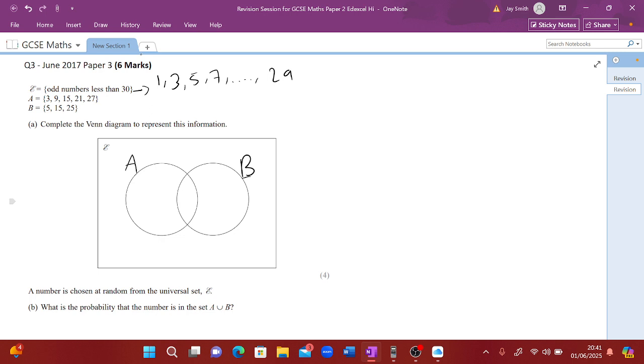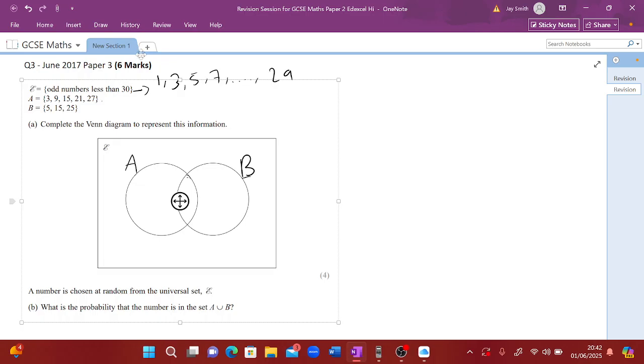The best way to fill in a Venn diagram is to start from the middle and work your way out. In the middle is where they overlap, they intersect, which means all the numbers that are in both A and B, because this part is in both circles.